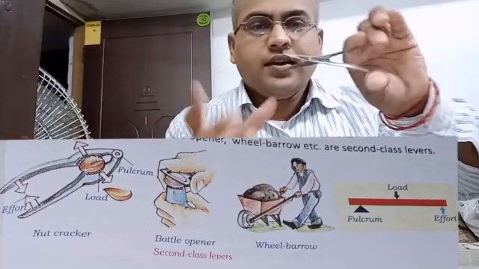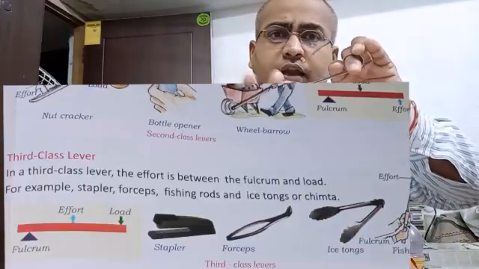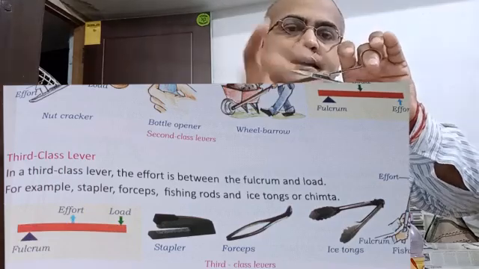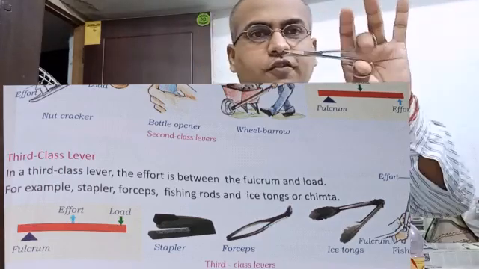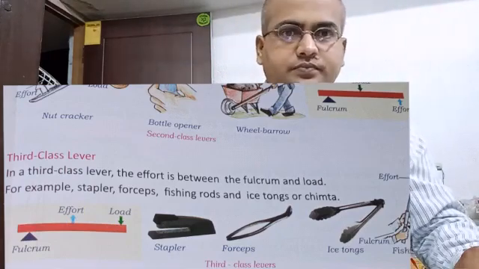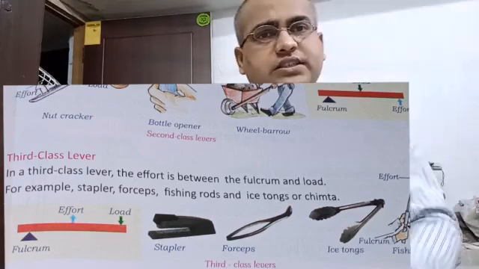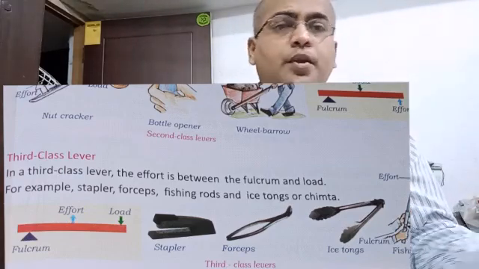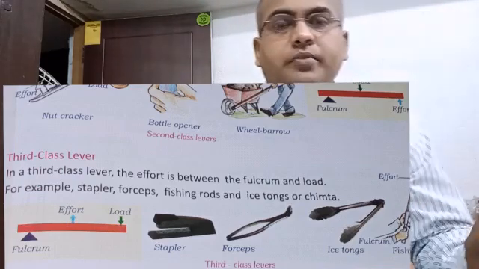So this is the area where the load, the work, is, here the fixed point, that is the fulcrum, and here I am using my force, that is the effort. So this is a first class lever. There are many things of this type: scissors, seesaw, plier, broom, and nail cutter also, where the fulcrum is in the middle position.